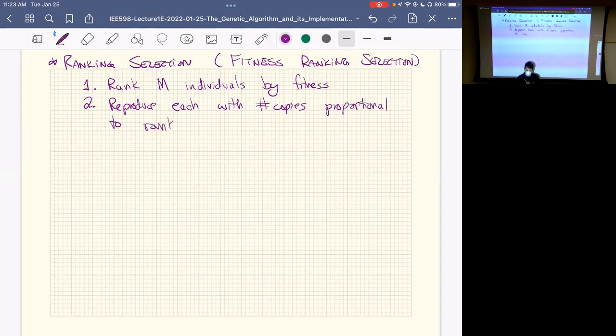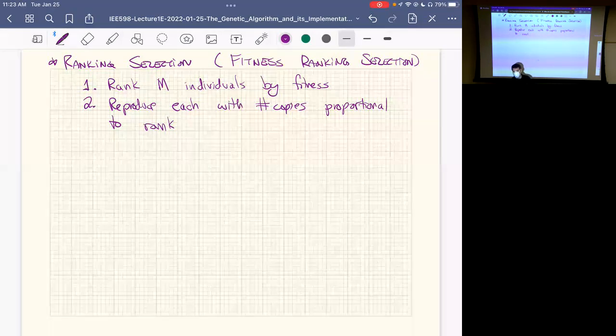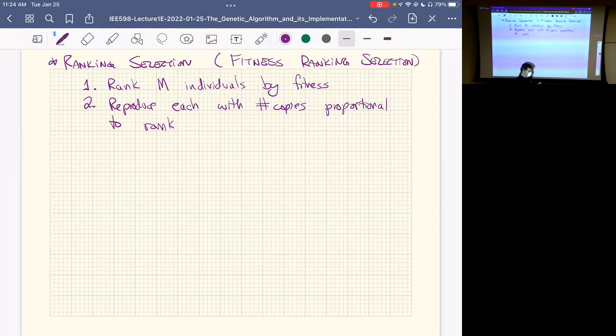That constant of proportionality is a hyperparameter. When I say proportional, I kind of mean inversely proportional, or I guess it depends on how you're ranking it. But the idea is that your best solution should produce more offspring.